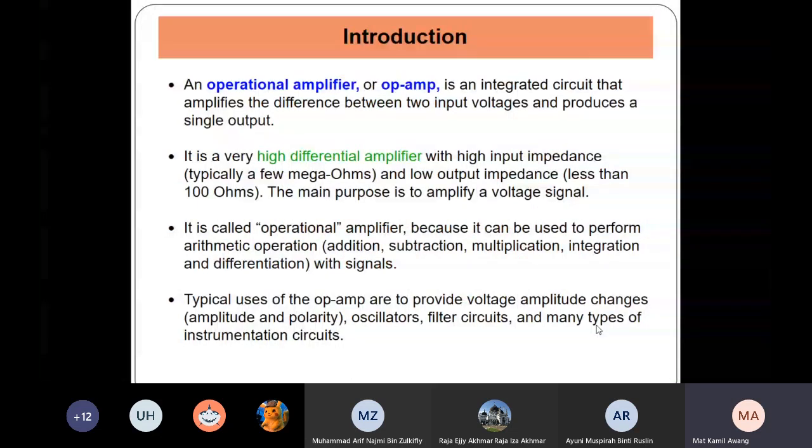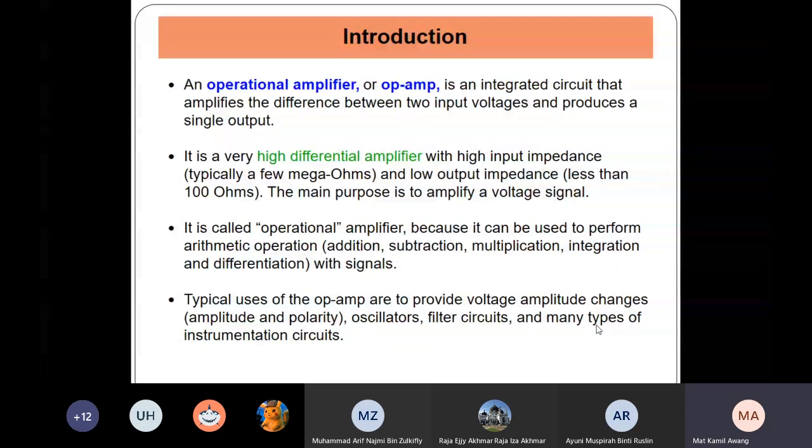What is an amplifier? An operational amplifier, or OpAmp for short, is an integrated circuit that amplifies the difference between two input voltages and produces a single output. Just like you saw just now, you have V plus and V minus as the input, and V out as the output.